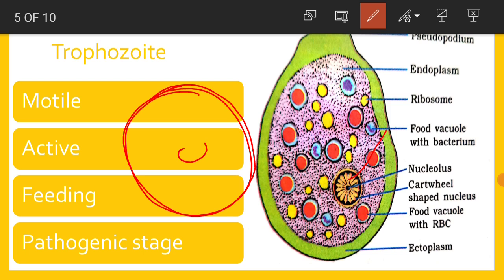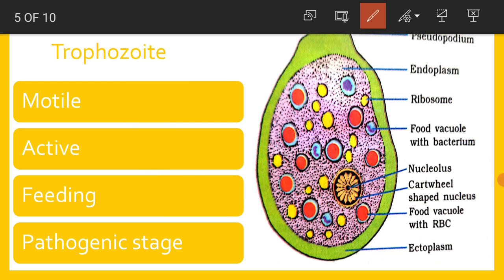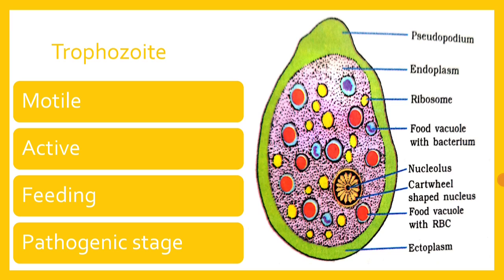And at the center of the nucleus, there is one structure called endosome. And below the nuclear membrane, there are certain bead like granules, and these granules are called chromatin granules. These chromatin granules are linked to the endosome by chromatin filaments, and all these structures together give a cart wheel like appearance or cycle wheel like appearance to the nucleus of the Entamoeba histolytica.